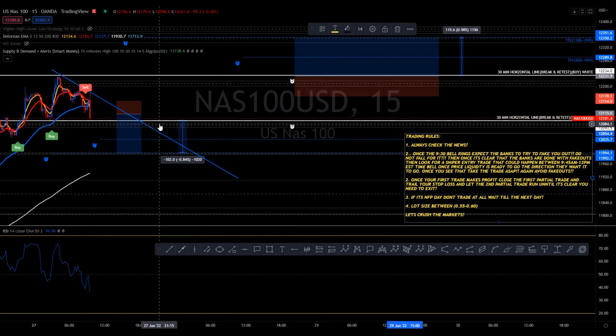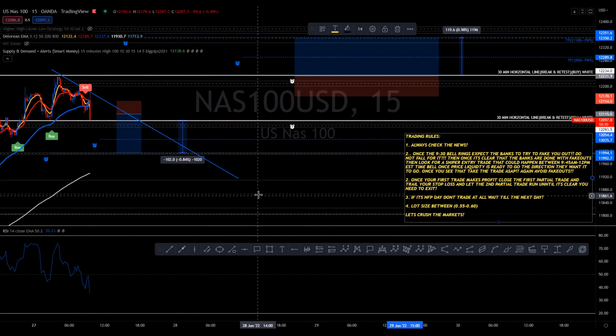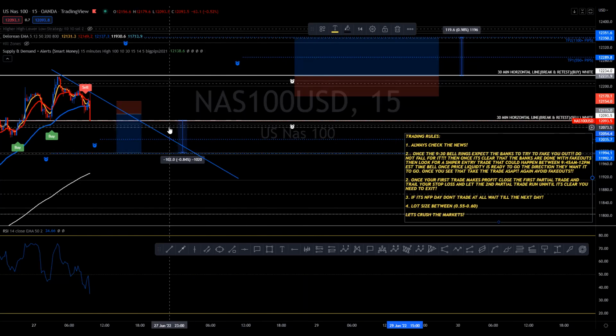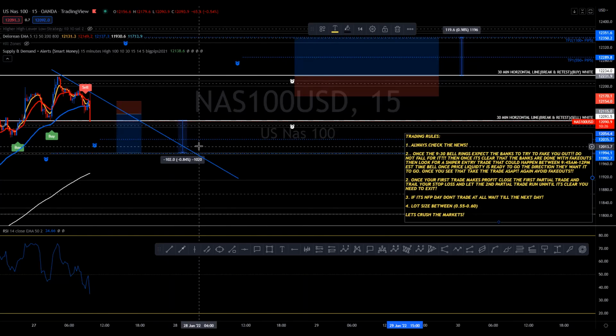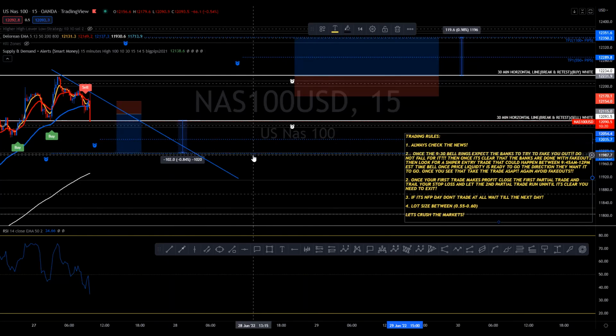It might be pushing past. You'll see a wick there. I'm here. Looks like it's about to sell.